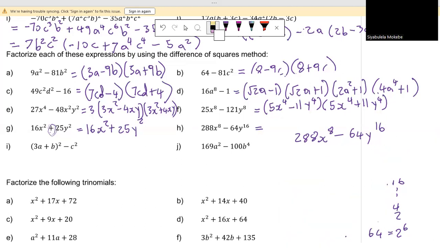Okay. Now that we found it, let's take out 16.